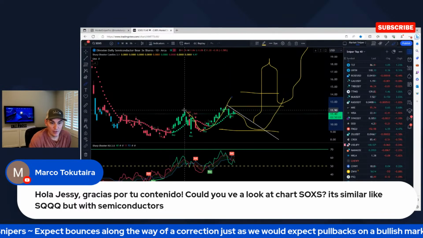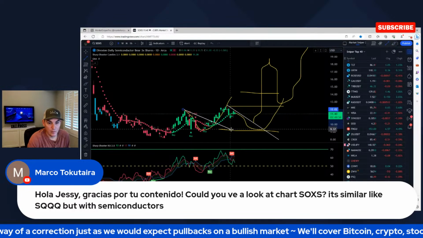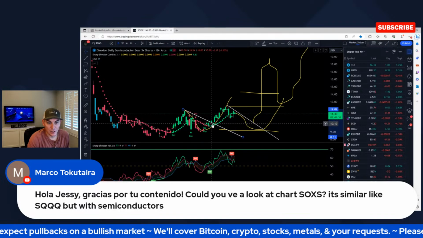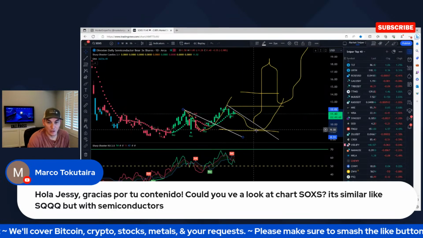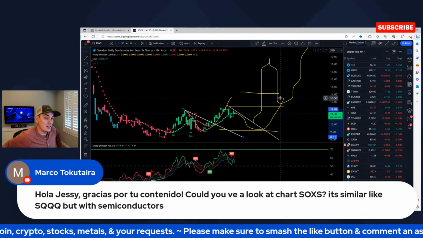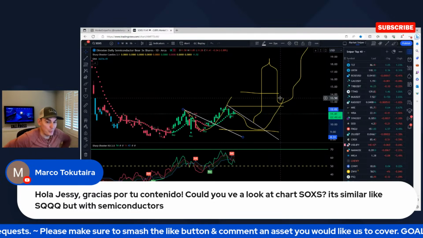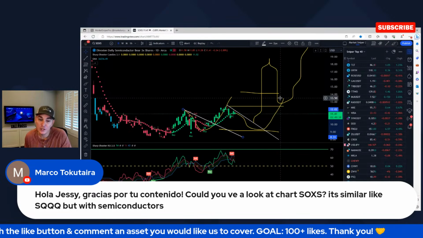So it's going to be a very similar scenario, right? Where it consolidates and then breaks out, consolidates, and then breaks out, and it's going to probably continue to do that and not have one of those bigger pumps until the weekly chart is bullish again. And the weekly chart is not bullish.